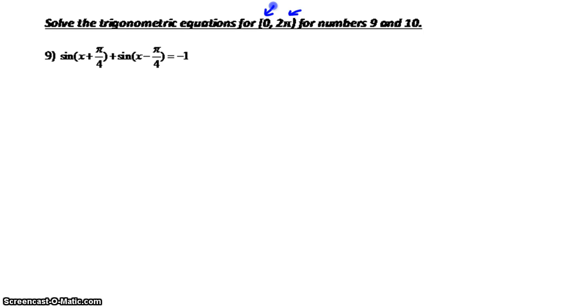So number 9 is looked at again in the lieu of we're dealing with sum and differences. And as we take a look at this one, we clearly see that we have a sine of pi minus 4, and working that out, we will have the following.